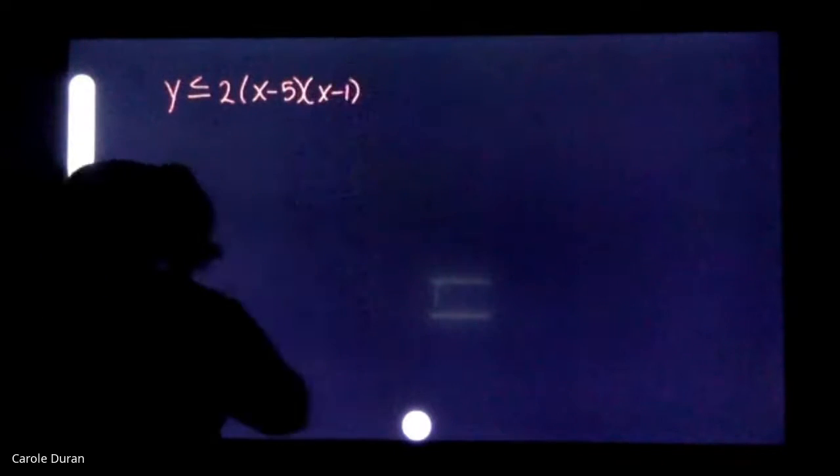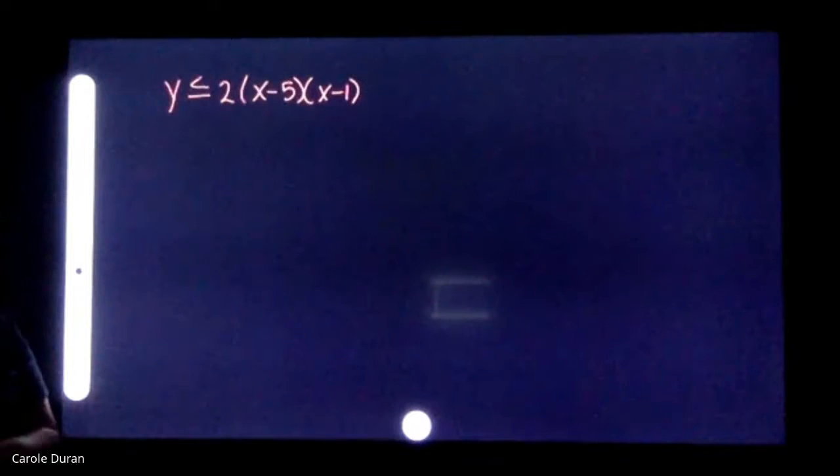The next example is y less than or equal to 2 times x minus 5 times x minus 1. This has been given to me in a specific quadratic form.